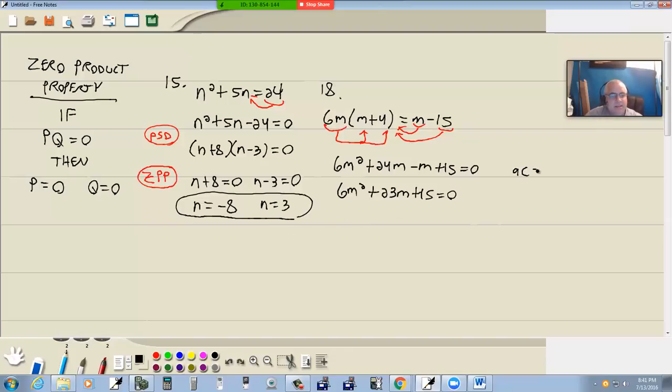So I'm going to take 6 times 15, which gives us 90. Now, key number I should mention, because we have m squared, m, no m, and there's a number in front of our m squared. We'll write down all products that give us 90.